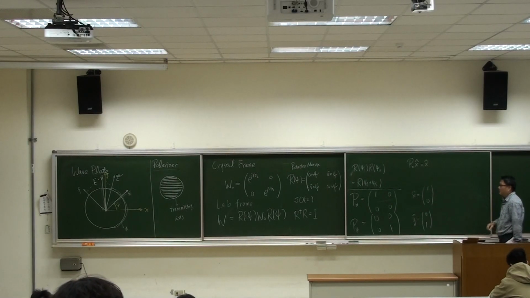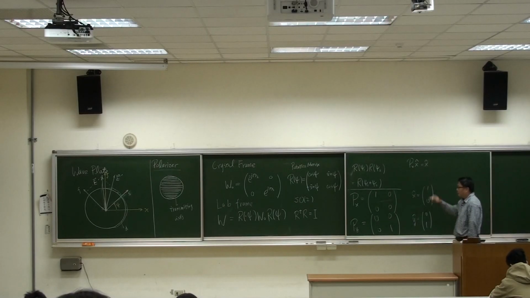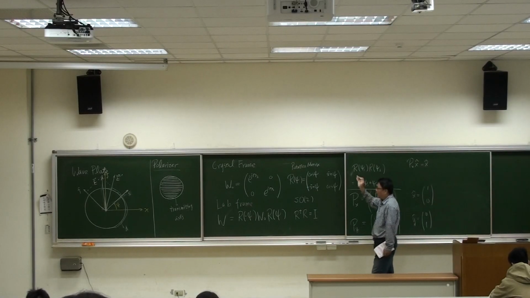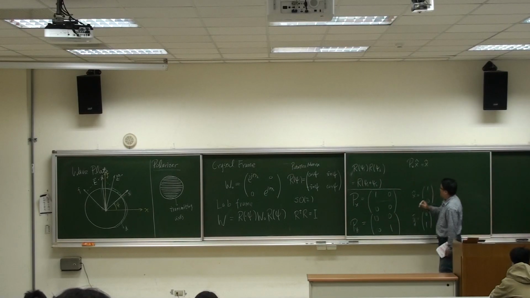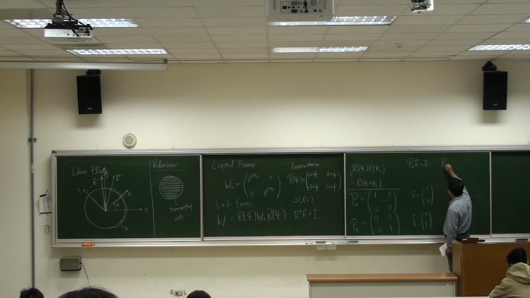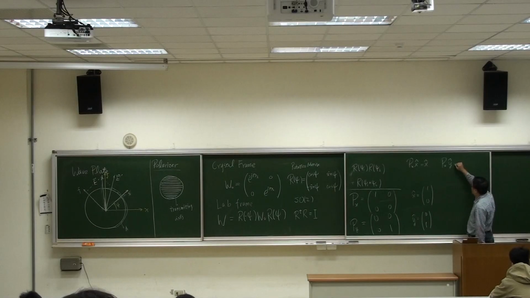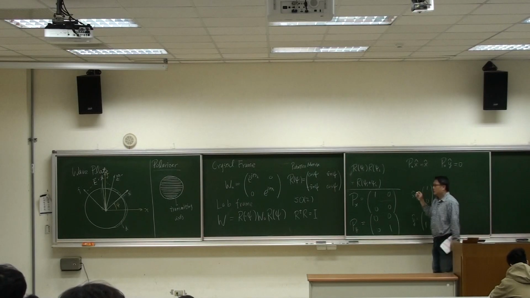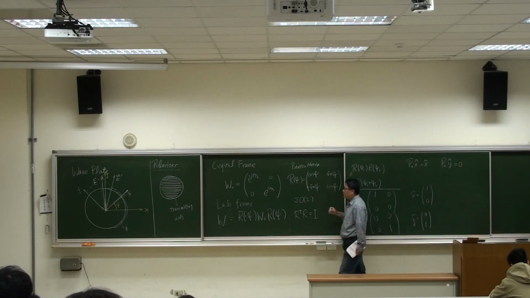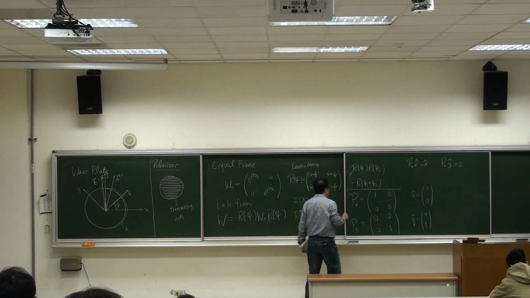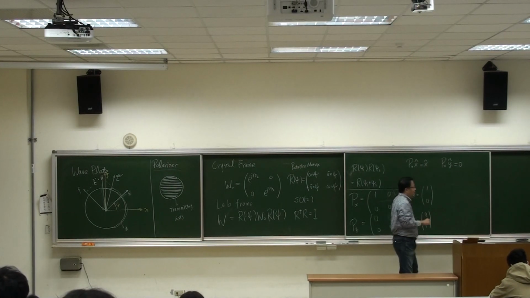Okay? So you can check that when you multiply Px to the x polarization, you get x polarization, which means the x polarization light can penetrate through the polarizer completely. However, if you multiply Px to y polarization, you get 0. This means that the y polarization light will be absorbed by the polarizer completely.